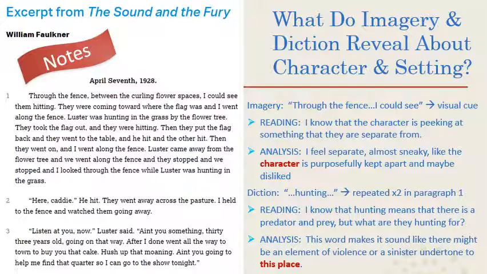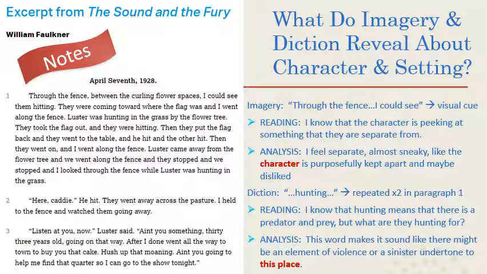We read this excerpt from The Sound and the Fury, and we talked about how the image of looking through the fence kind of told us about the character, right? That this is a character who is separate from everybody else, and maybe it makes us wonder, why are they separate? What is it about this character that separates them?